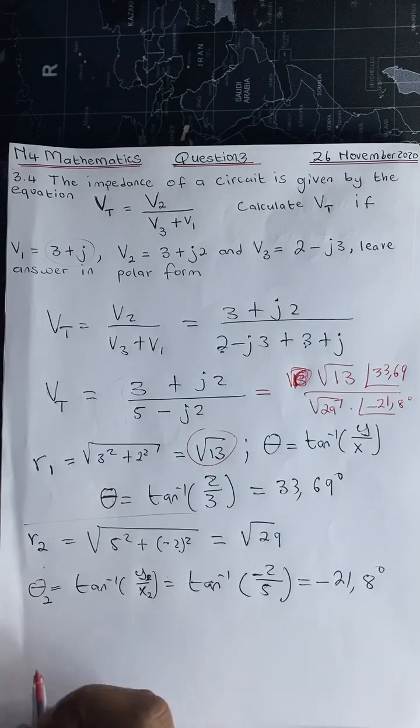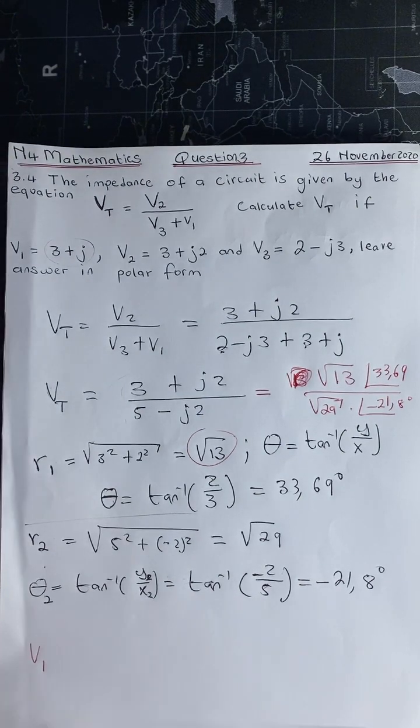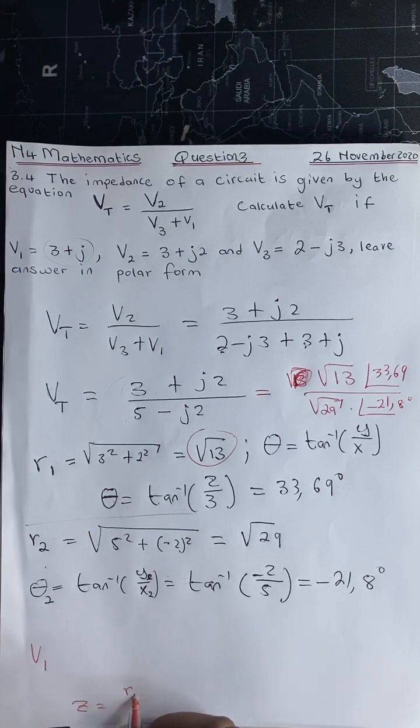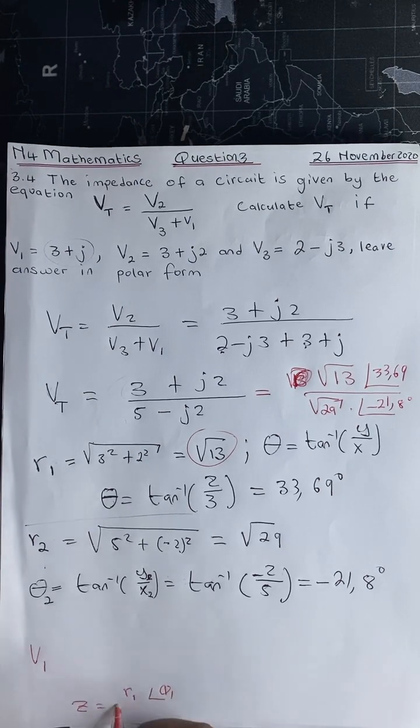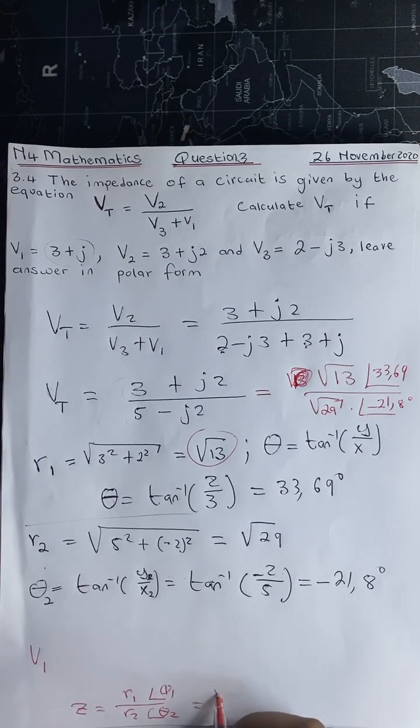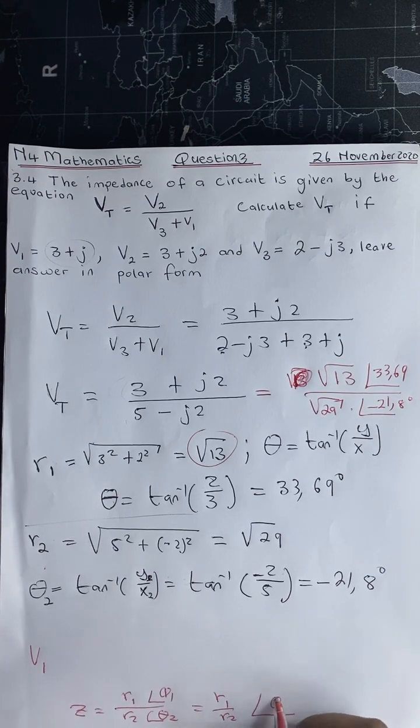So if you have Z equals R1 angle theta 1 divided by R2 angle theta 2, this will be equal to R1 over R2 at angle theta 1 minus theta 2.